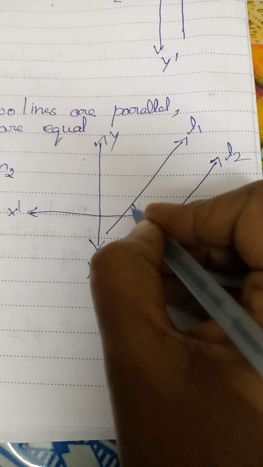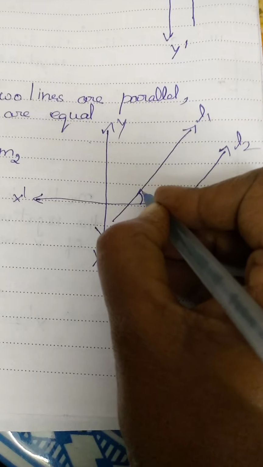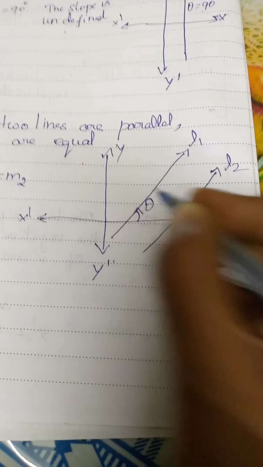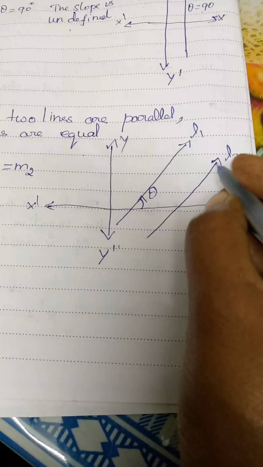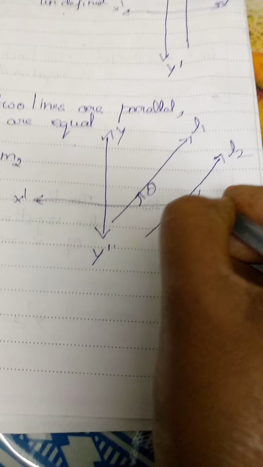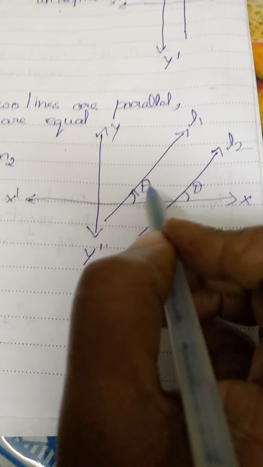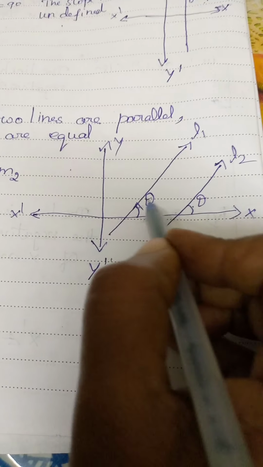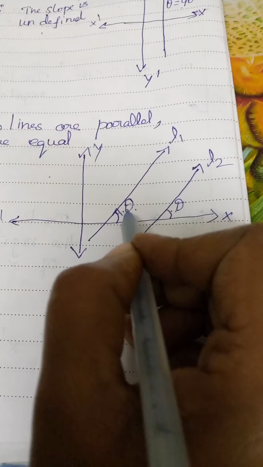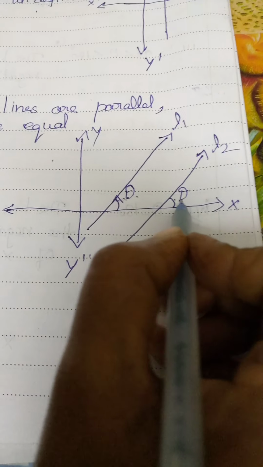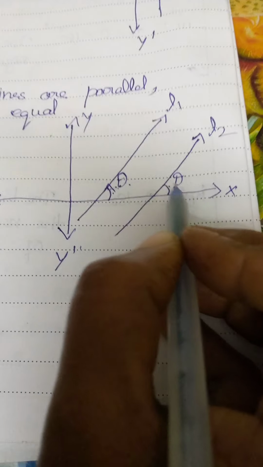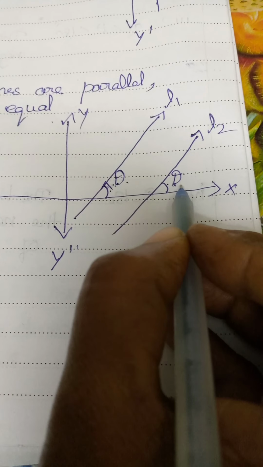The angle of inclination of L1 is theta. The angle of inclination of L2 also will be theta. Both lines having the angle of inclination theta, so the slope also will be the same.